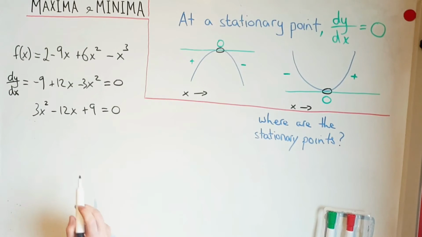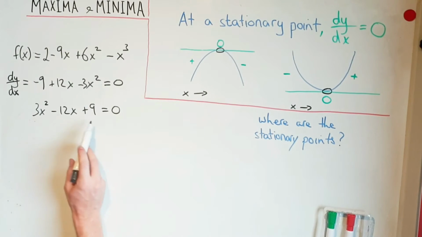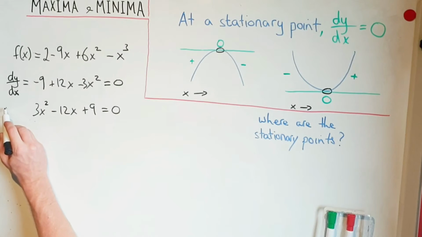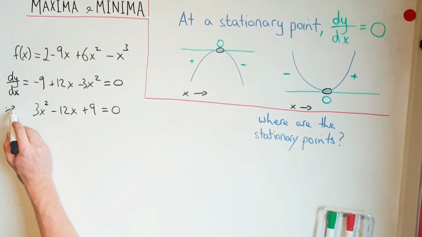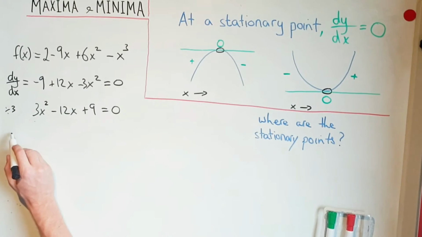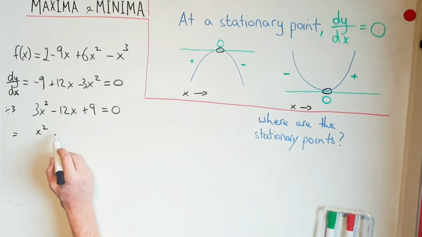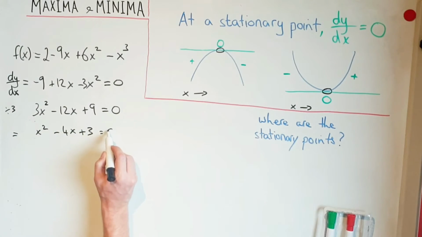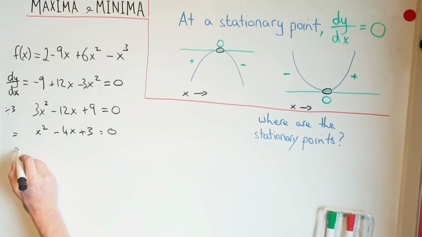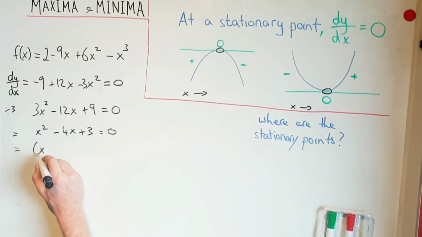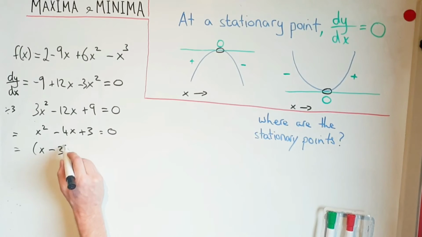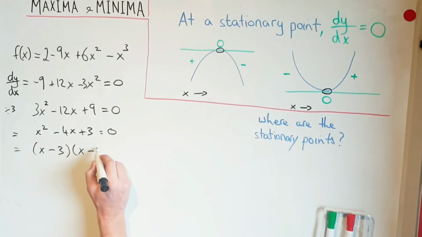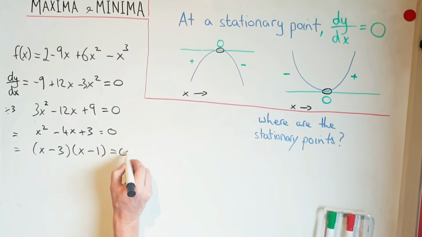Then I see that there is a common factor here, so I'm just going to divide across by 3, which will give us x squared minus 4x plus 3 equals 0. And then factorizing, it's going to be x minus 3, x minus 1 equals 0.